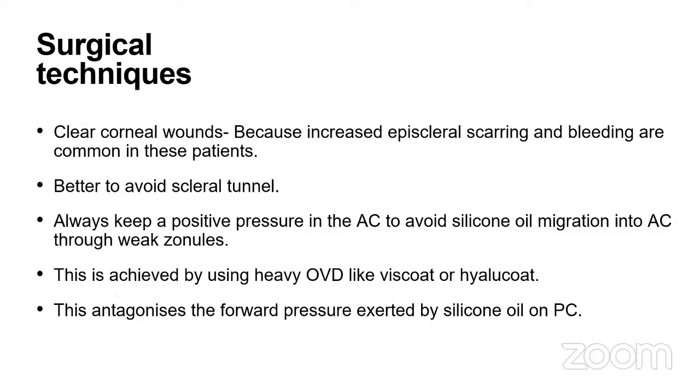If you use an optical biometer, its accuracy is higher, because here we are using light rays to measure the axial length, so the difference won't be so much. Then coming to the choice of IOL, generally acrylic or PMMA IOLs are preferred.